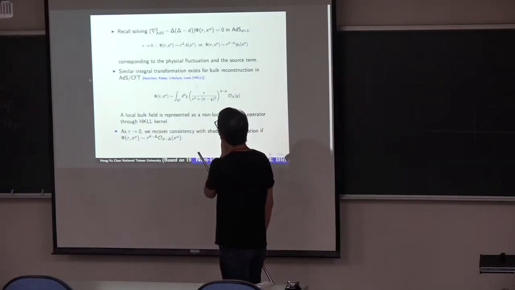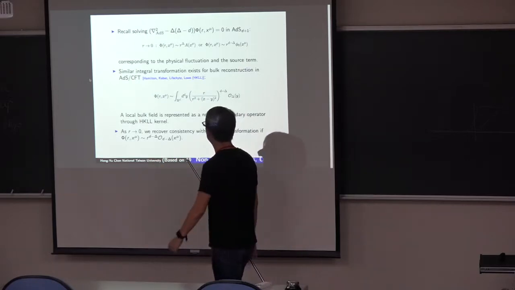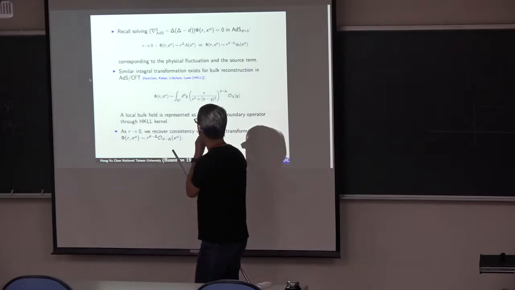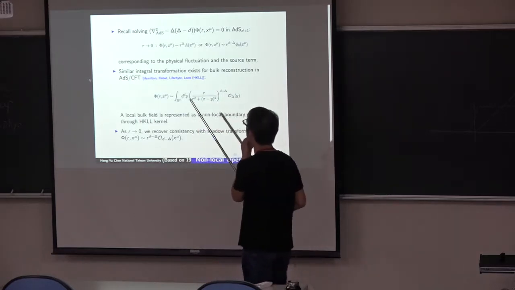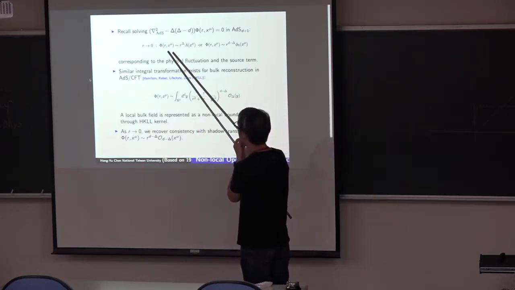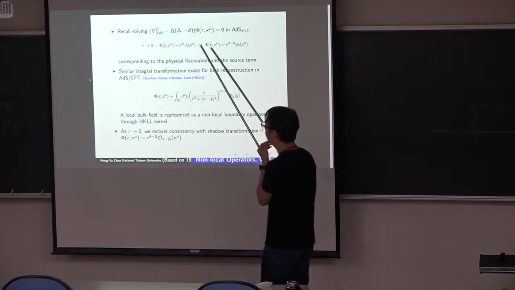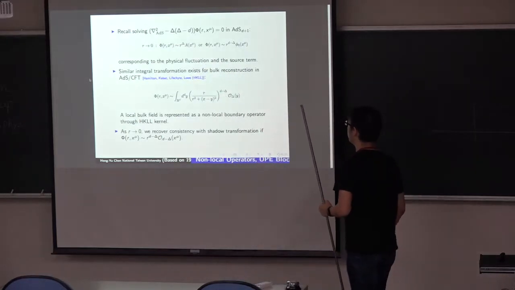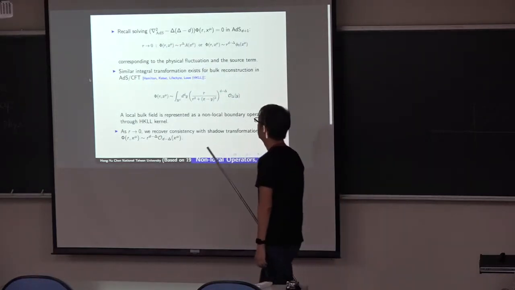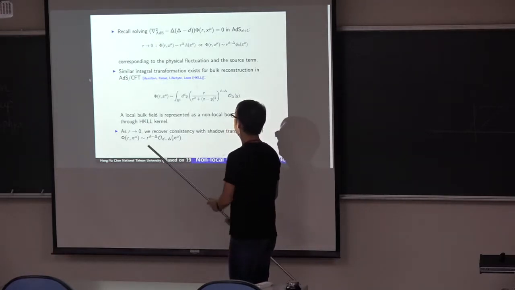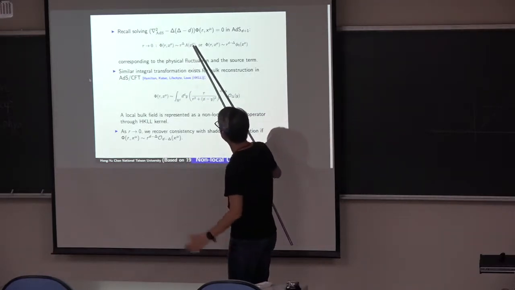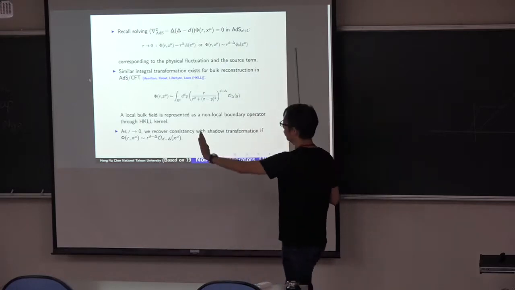This mapping of delta to d minus delta is nothing new in the context of AdS/CFT. At the onset of AdS/CFT, the first thing we do is solve the Klein-Gordon equation inside AdS space. There are two solutions, depending on behavior approaching the boundary.